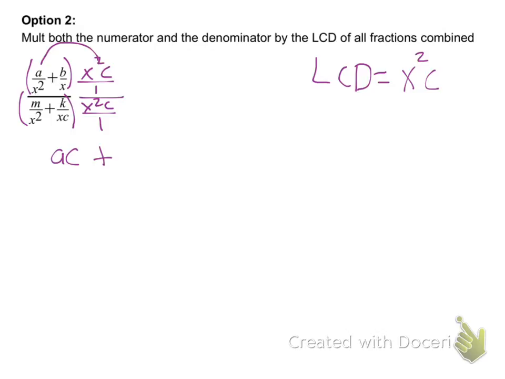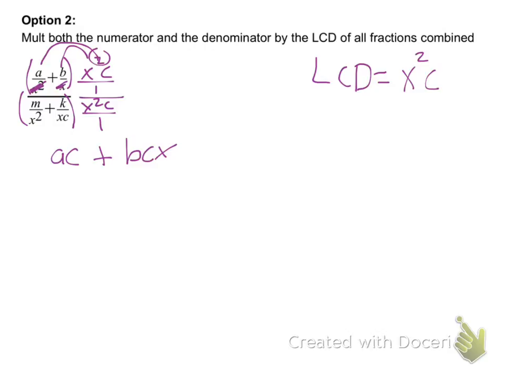Plus multiplying it to the b over x. Now what happens? One of the x's cancels. So like all of this is left, but this one only cancels with one of those x's. So it'd be bcx. Can you guys agree with that?